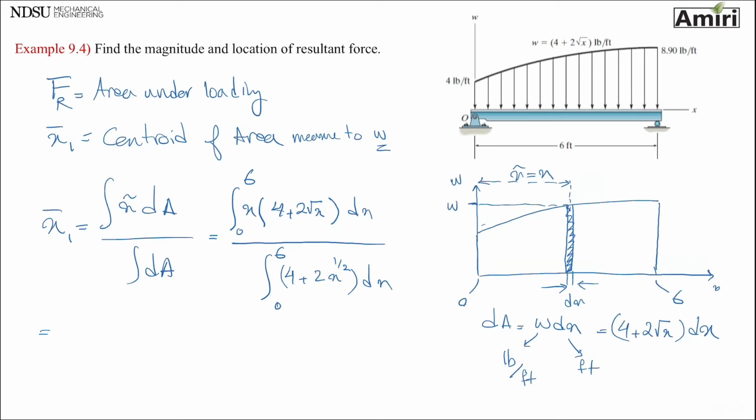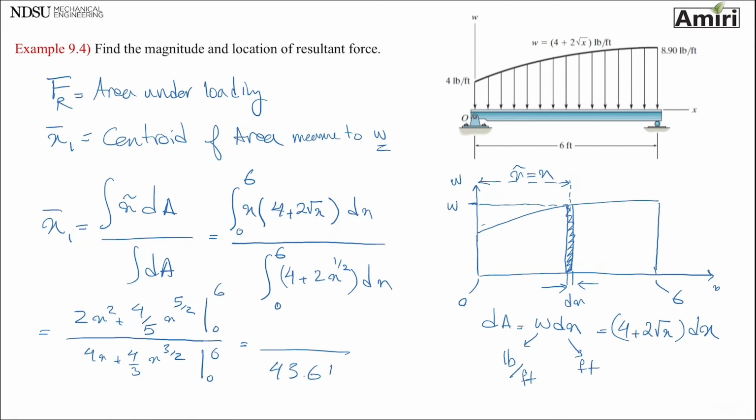So let's see. The first integral is going to be 2x squared plus 4 over 5, x to the 5 over 2. And the second one is 4x plus 4 over 3, x to the 3 over 2, from 0 to 6. You are going to get 43.6 pounds.